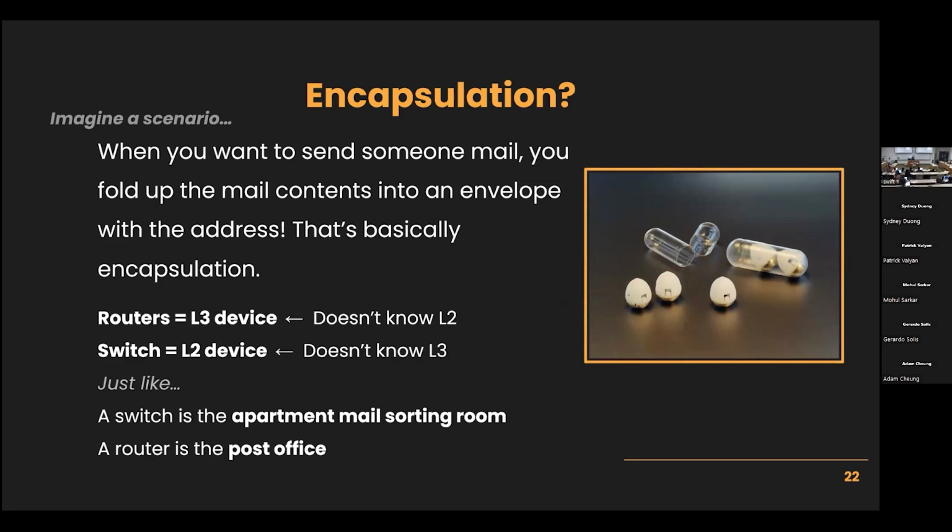For more context, routers are layer 3 devices. They don't know layer 2. And we also have switches, which are layer 2 devices, and they don't know layer 3. For our comparison, we will say that the switch is our apartment's mail sorting room, and the router is the post office.